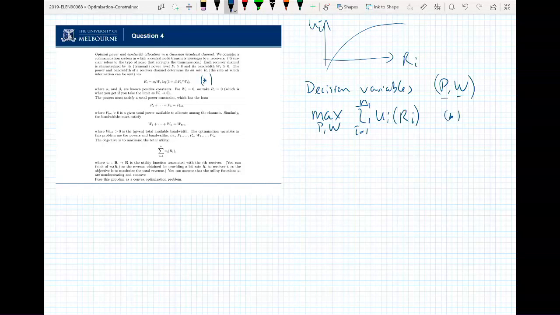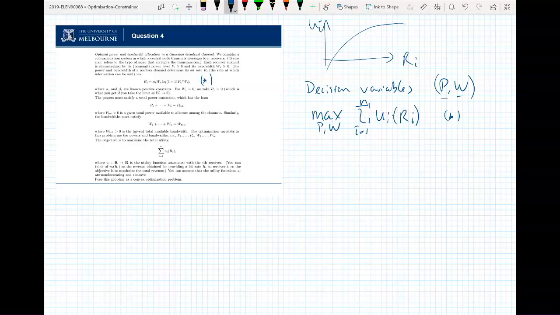And Ui is just a concave function. Because this is a non-decreasing concave function Ui, if Ri is concave, then Ui of Ri will also be concave, and concave plus concave will be concave. So the whole thing will be a concave function.